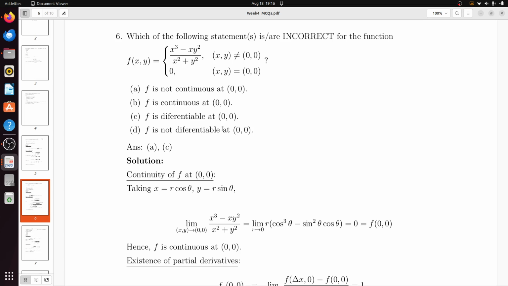So f is not continuous at (0,0), f is continuous at (0,0). So these, b, a and c, are the options, because they are the incorrect statements.